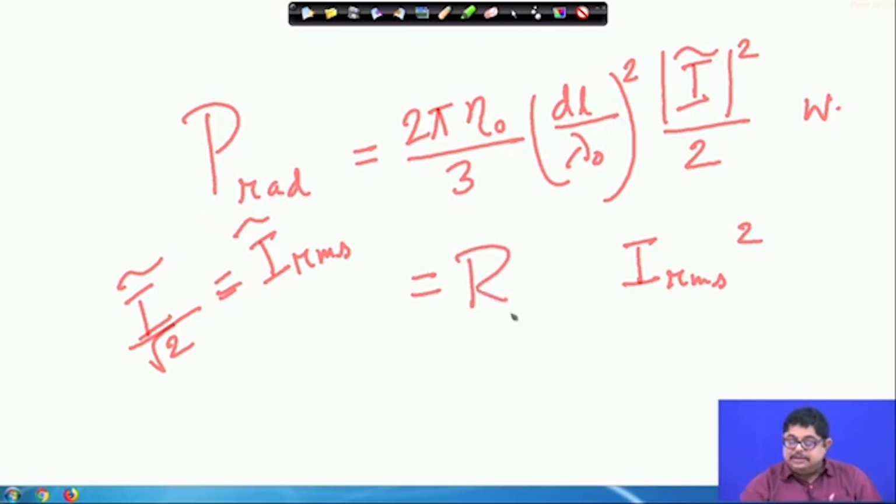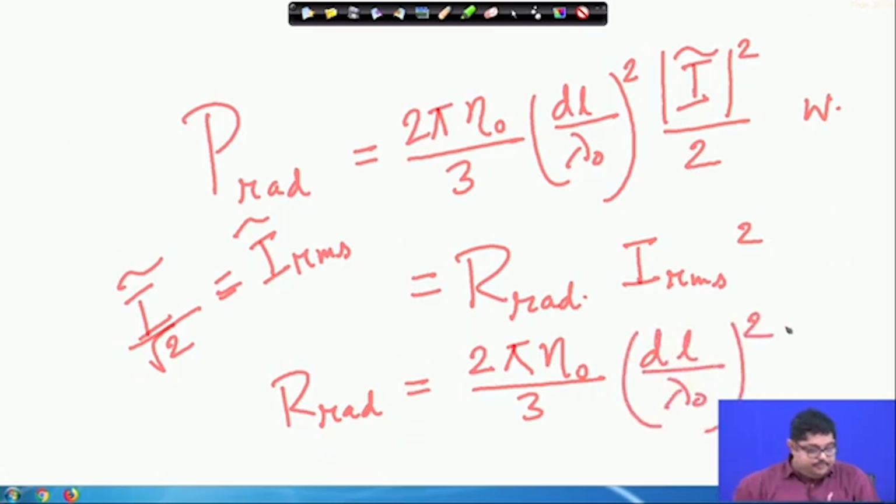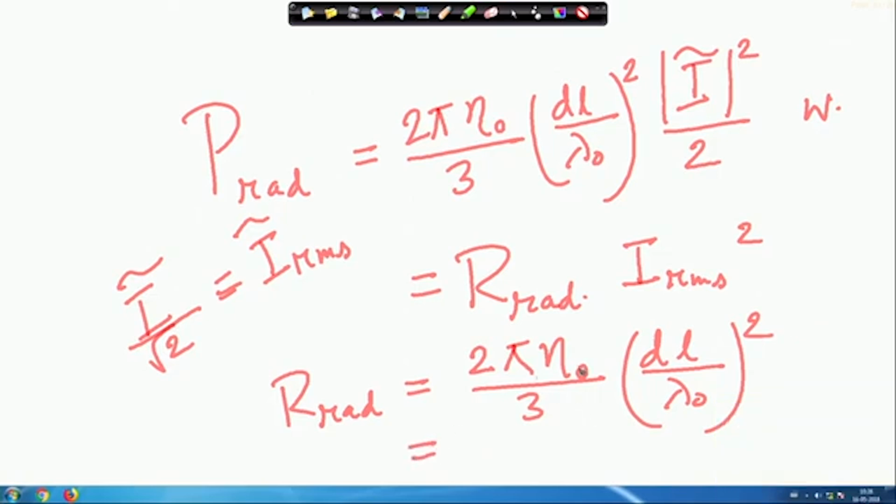R. That is called the radiation resistance. So, the radiation resistance of an antenna, in this case, is nothing but 2 pi eta naught by 3 dl by lambda naught square. If you manipulate, because we know the eta naught value is 120 pi, from that it comes to 80 pi square dl by lambda naught whole square.